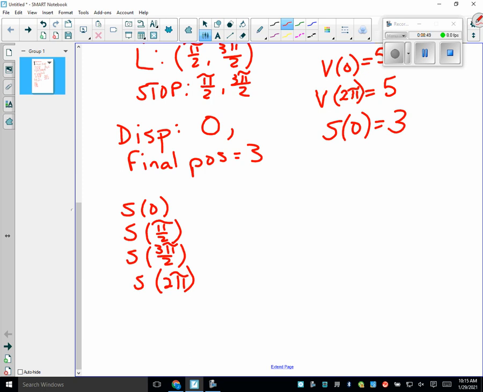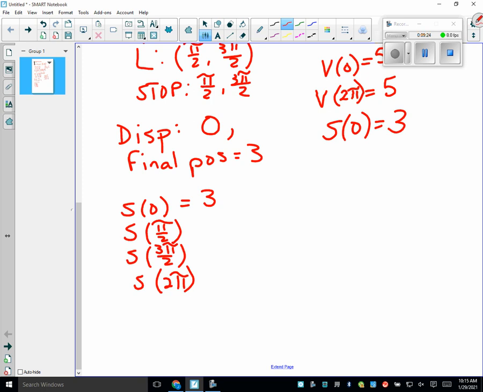The interval's off velocity. Basically, where it stops, where it starts, everywhere it's 0, and where it ends. Now, do we know S sub 0? 3. What is S of pi over 2? How am I going to find S of pi over 2?